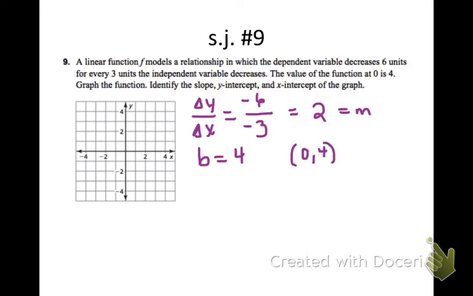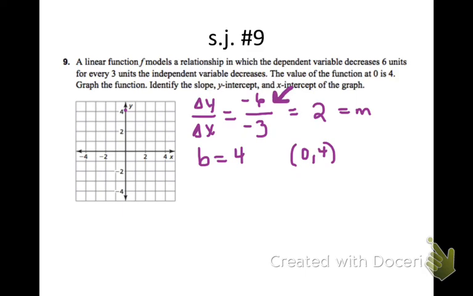Okay. So we would start by graphing that point, 0, 4. So that's going to be up here. Okay. And then we can use our slope. So in this case, again, like maybe even this ratio, right?